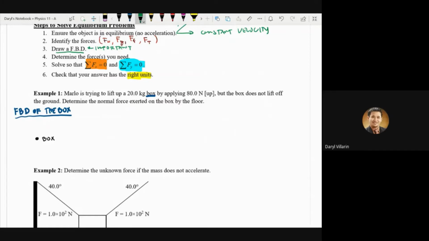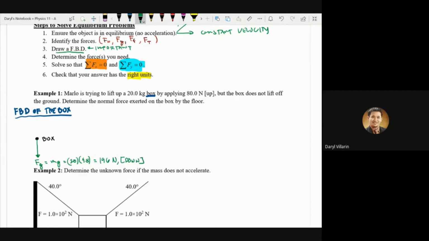So I know that there should be gravity, which is downward. This is just the weight, okay? So here I can say mass times g. That's the formula for the weight of an object. So with 9.8, this should be 196 newtons. The direction is down.